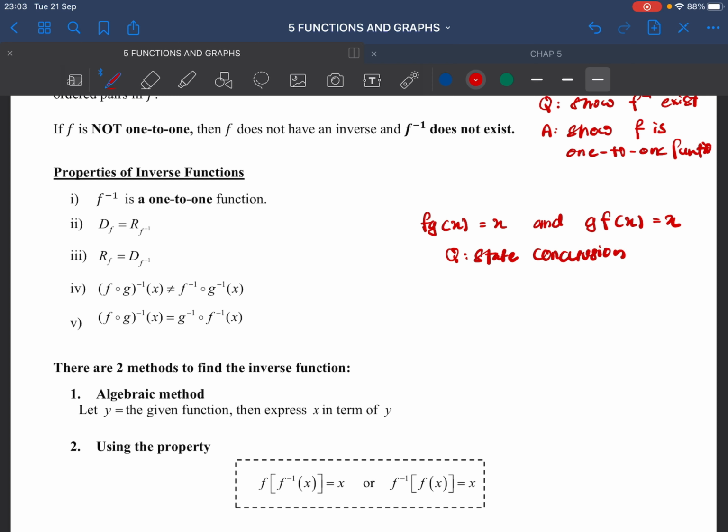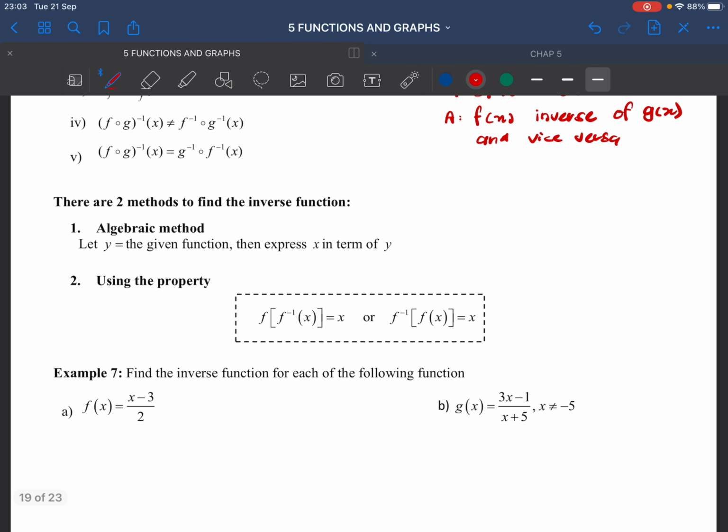Apa yang kita boleh concludekan dekat sini ialah f is the inverse of g, and vice versa. Maksudnya g pun inverse of f juga, and vice versa. Kenapa? Sebab kita dah state tadi the property of f inverse is f composite f inverse is equal to x, or terbaliklah, f inverse composite f equals to x.